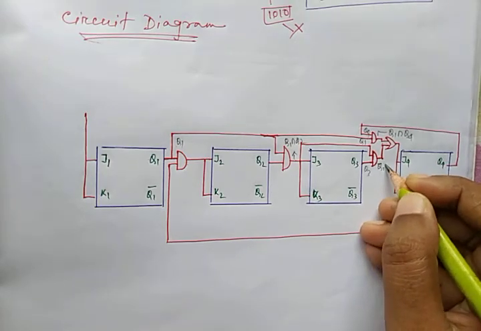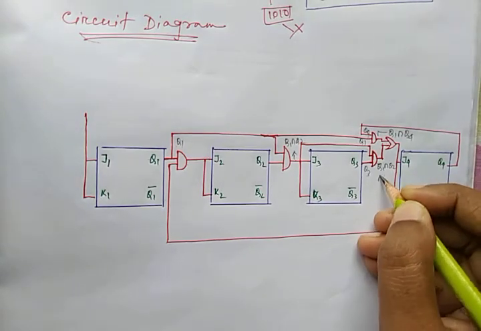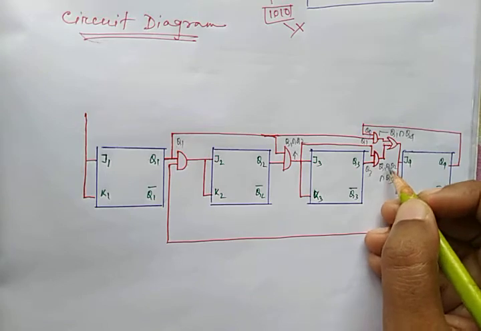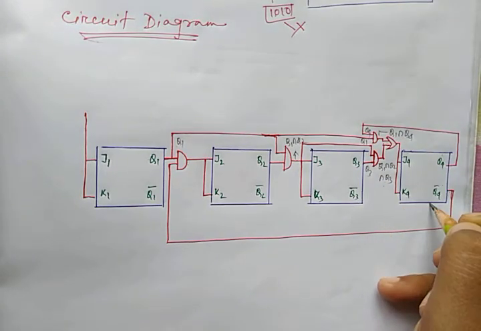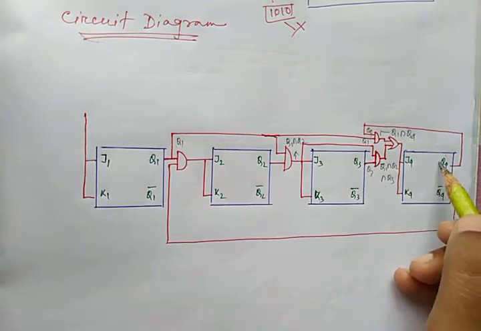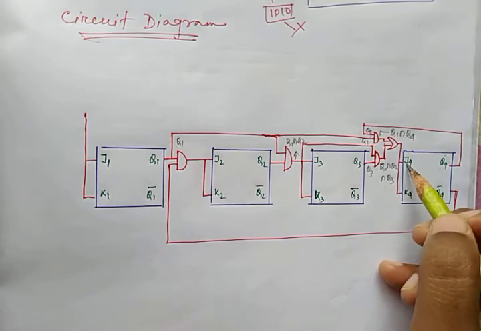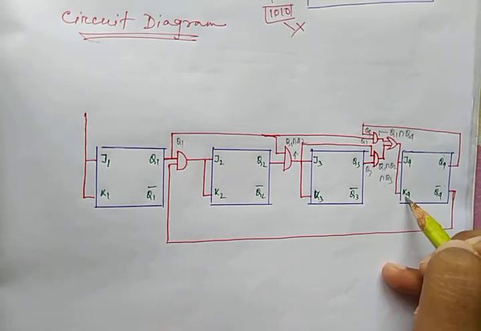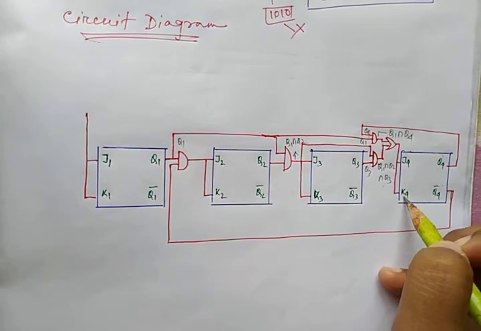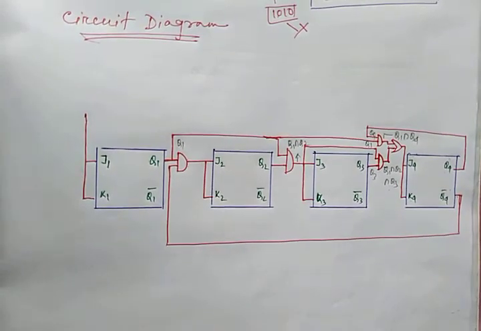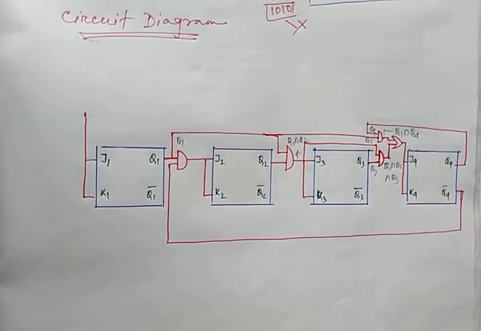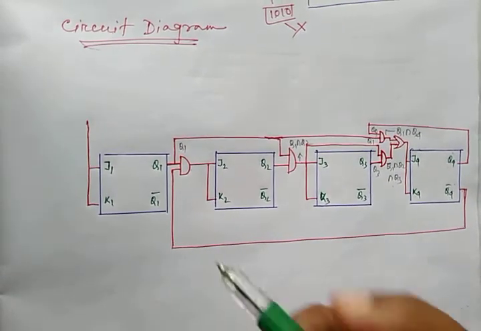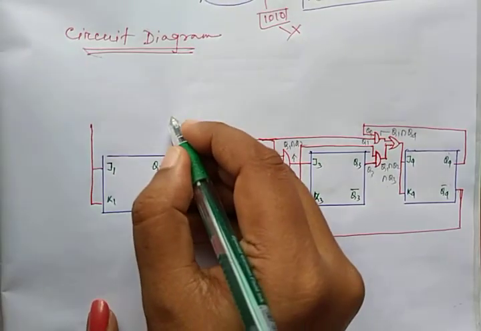If one of these inputs is 1, then 1 is fed into the last flip-flop, because in order to toggle it, J4 and K4 must be 1, that is high signal value. So this is the main trick, and obviously we get our output from Q1.